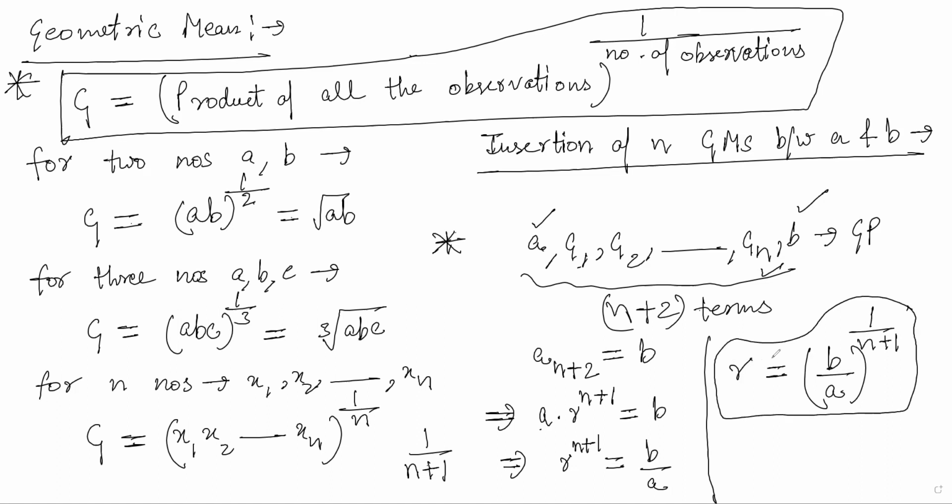As soon as you find out r, you have g1, g2, g3 up to gn, all the values. How? g1 will be a into r because they are forming a GP. So a into b by a to the whole power 1 by n plus 1 and so on.